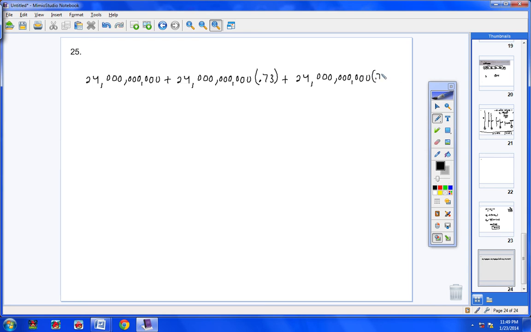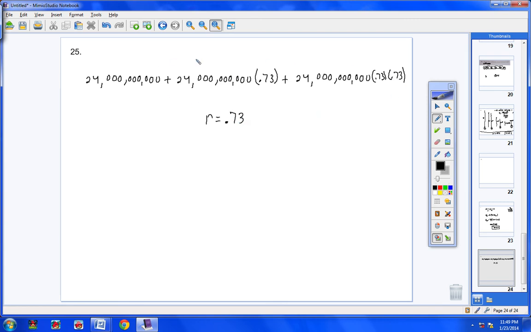So this times 0.73, 0.73, and then it continues on. So hopefully you see what's going on. We're taking each number and multiplying it by 0.73 over and over and over. So we do have a geometric sequence or series, and we can see the common ratio is 0.73 because that's what we're multiplying over and over and over.